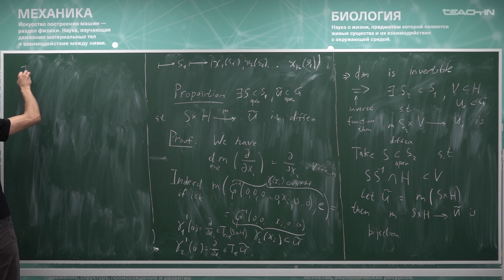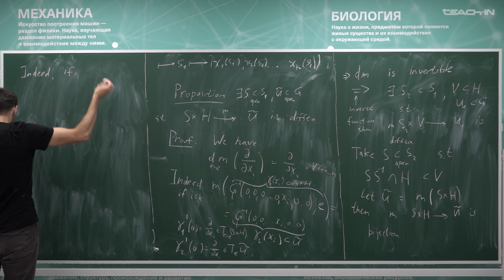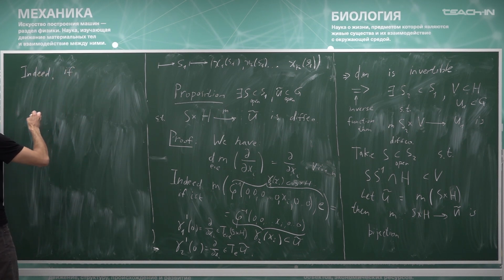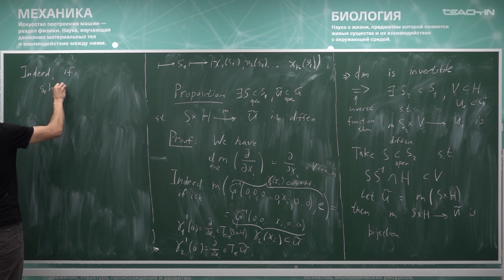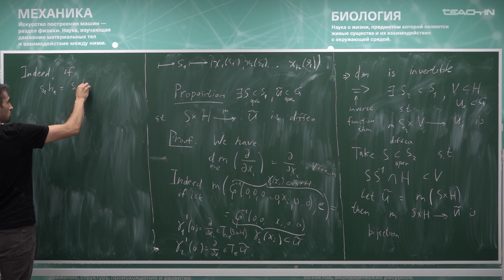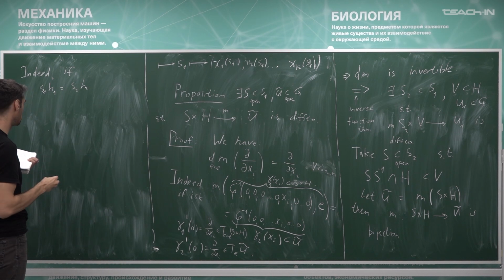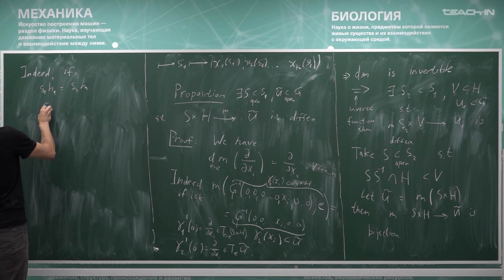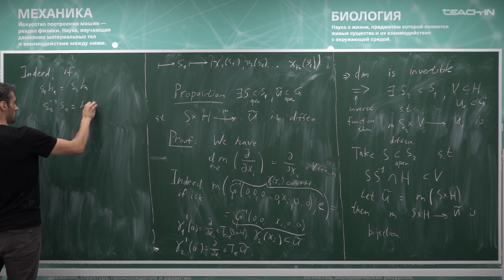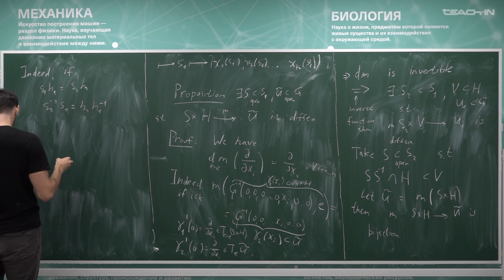Indeed, suppose it's not a bijection, then we have S1 H1 equals S2 H2, right? S1, S2 are in S, H1, H2 are in H, and then we have S2 inverse S1 is H2 H1 inverse.